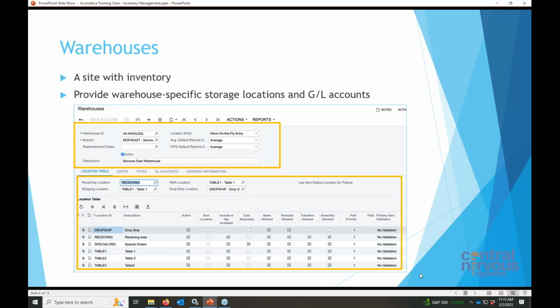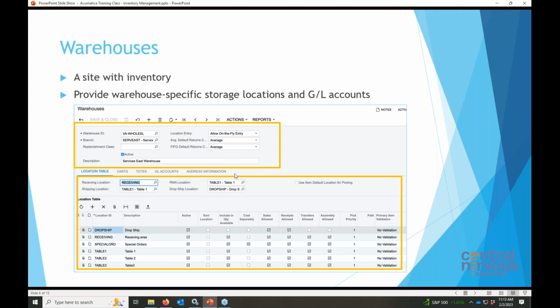Moving on, let's start with component one of inventory management, which is warehouses. So warehouses is essentially a site with inventory. So with warehouses, we have the ability to provide specific storage locations and GL accounts. So here with this snapshot, we have this VA wholesale, which is the Service East warehouse.